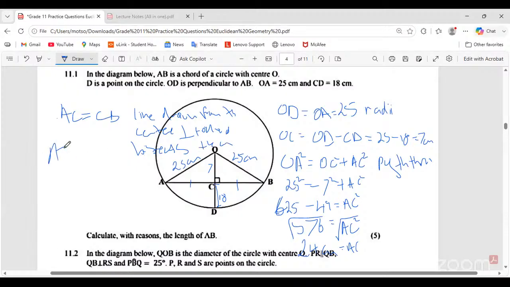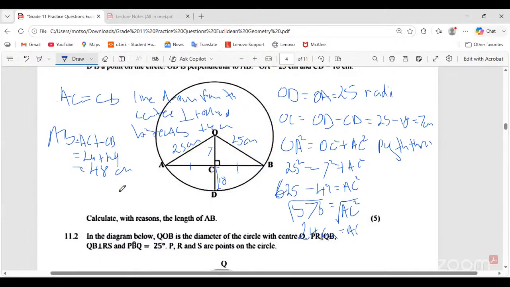Therefore, AB is equal to AC plus CB. That is equal to 24 plus 24. That gives me 48 centimeters. Then you are done calculating the length of AB.